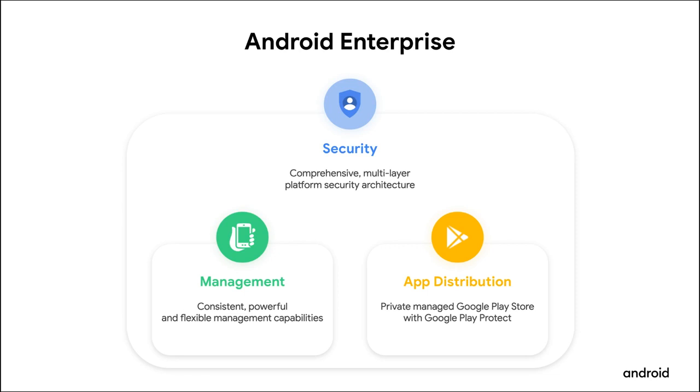And we mandate these Android Enterprise device management capabilities. Same with the application distribution capabilities, which is provided through a private managed Google Play Store that is specifically created for an enterprise to use in an Android Enterprise deployment.